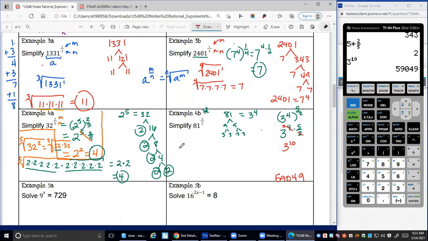Now, if I did it as a radical, what I would do is underneath the radical, I've got m on top, and I have n on the bottom. So my index is 2, and then I have 81 to the 5th power, right? So if you drew it all out, you got 81 times 81 times 81 times 81 times 81.